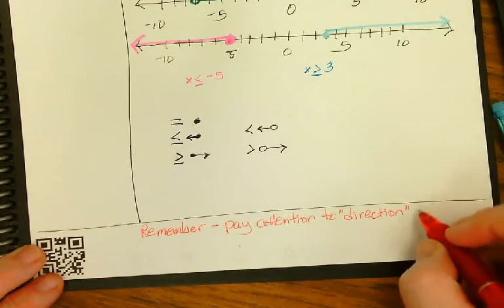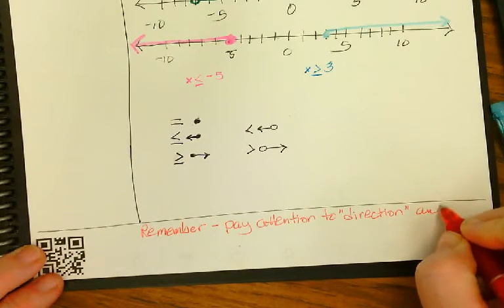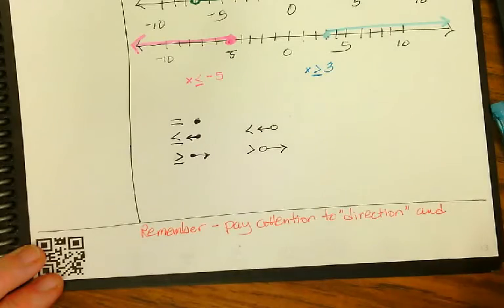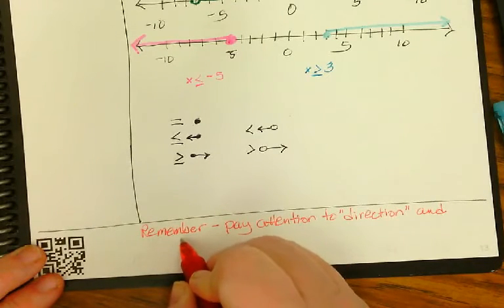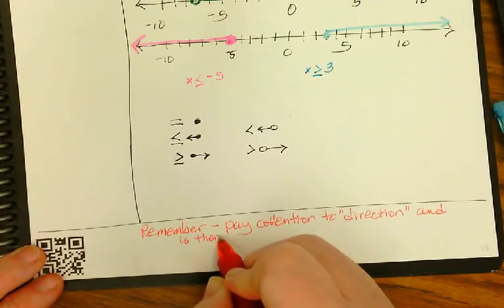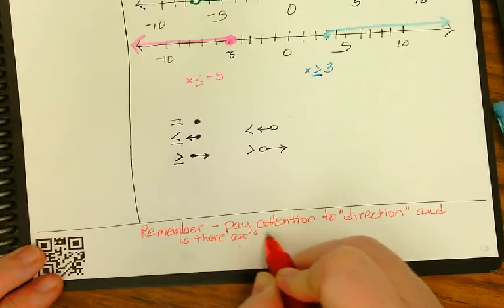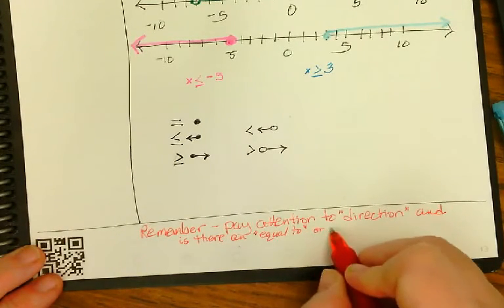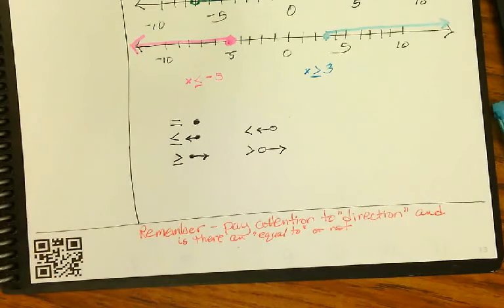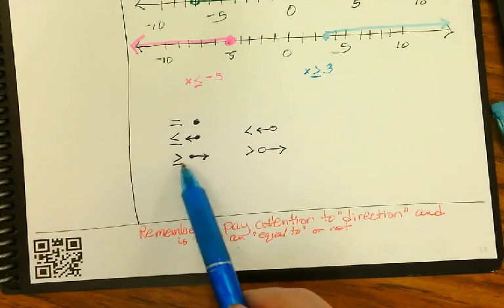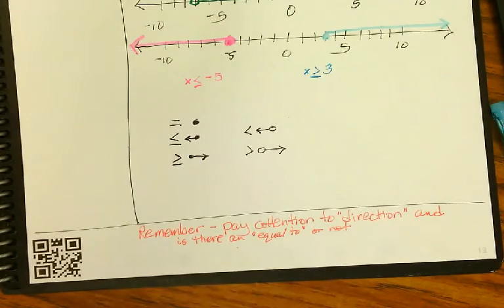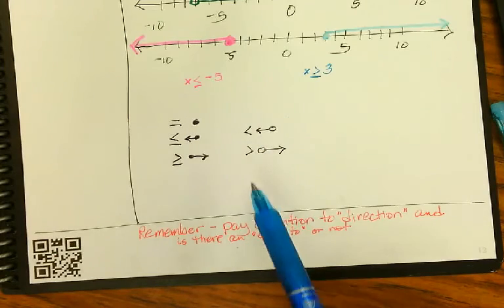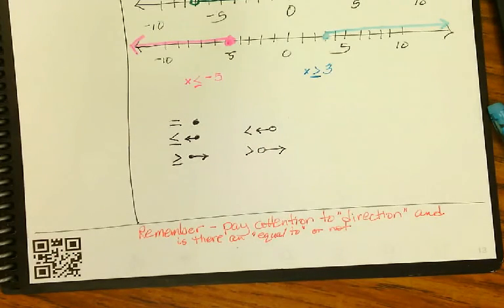Pay attention to direction, and is there an equal to or not? Okay, remember to pay attention to the direction and is there an equal to or not, because equal to or not gives us the solid dot every time. If it's just less than or greater than, then we get an open dot on the number line.